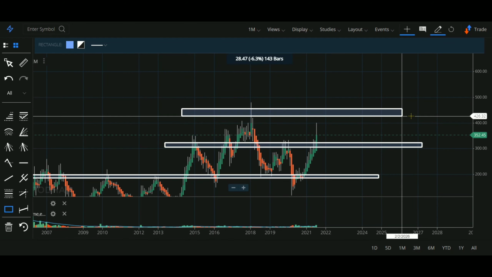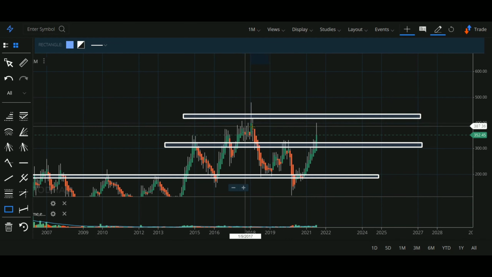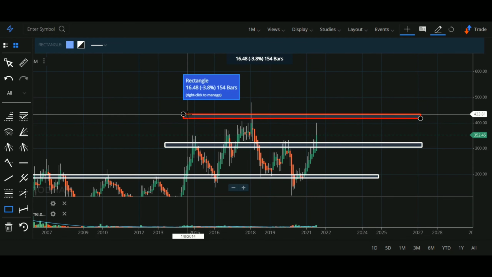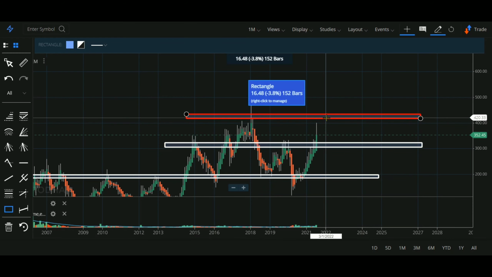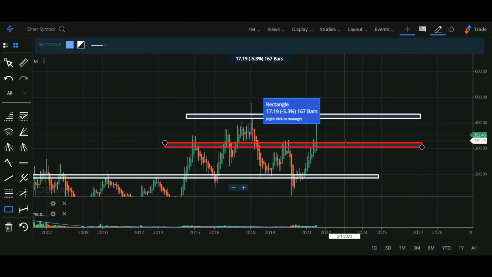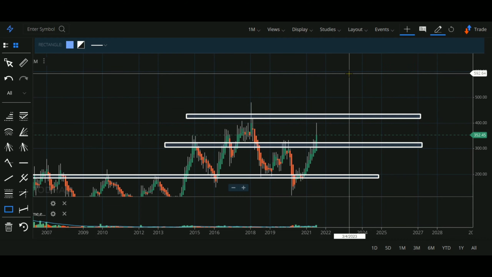Maybe a zone would be created over here because it has given a price point, a rejection over this area, right? Maybe what could happen is this price could come till here and then face a rejection and goes down, or else it gives a breakout over here and then the stock even goes up.